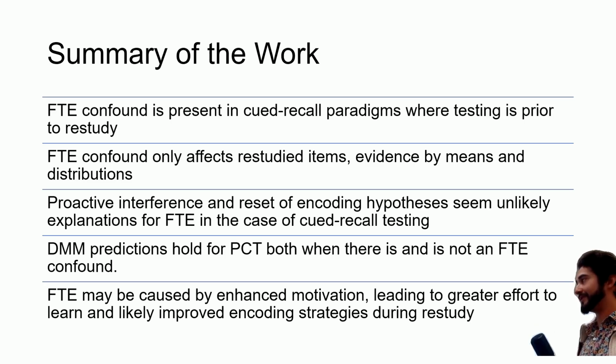And then also the dual memory model predictions hold for the PCT, both when there is and is not an FTE confound. And then also the FTE may be caused by enhanced motivation or change in strategies leading to greater effort to learn and likely improved encoding strategies during restudy as well.